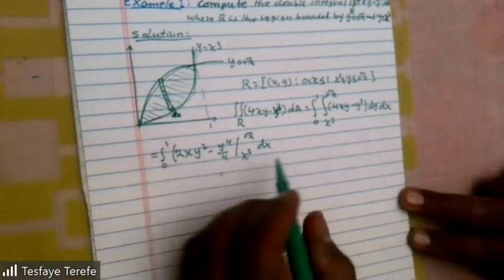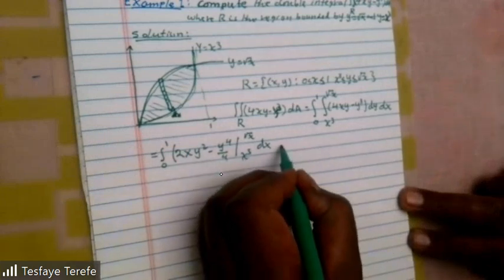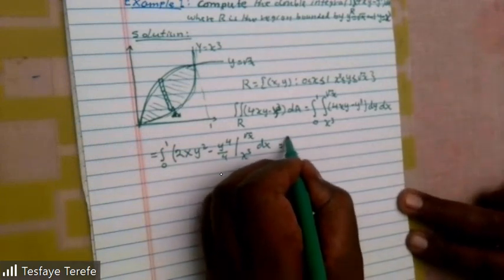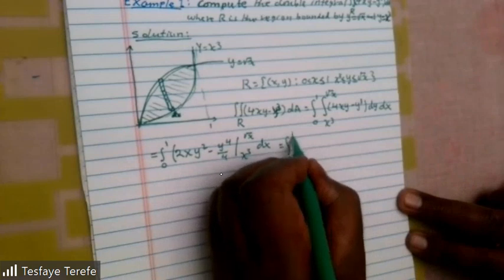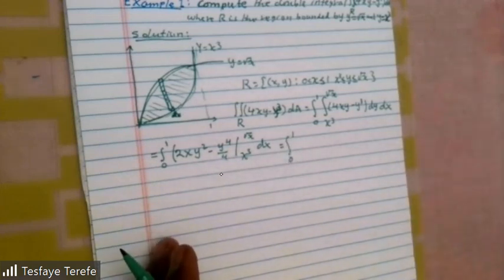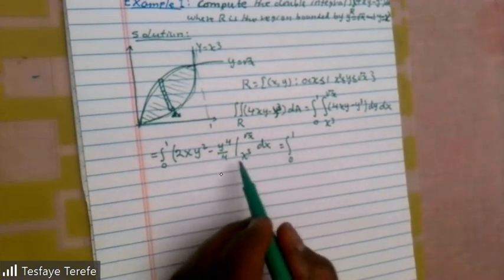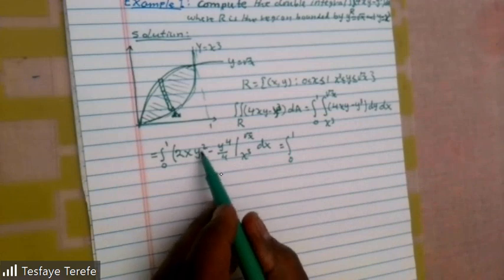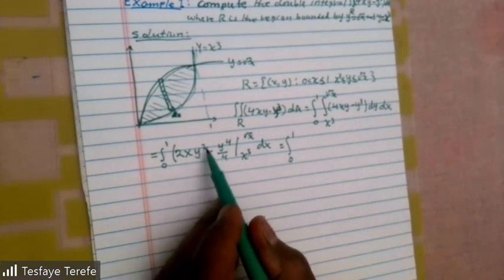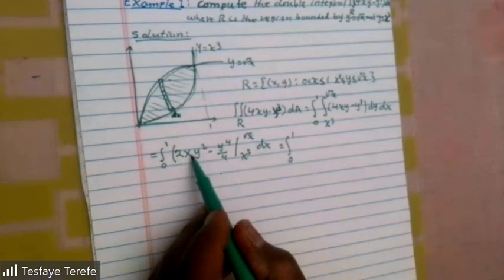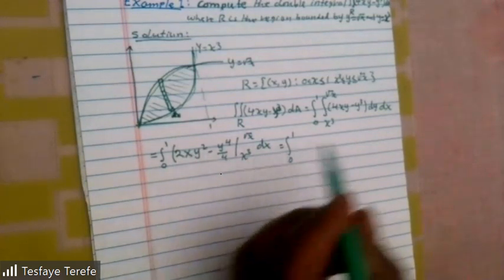When I put in the square root, I will have the integral from 0 to 1, and the square root of x squared is x, times x is x squared, so I have x squared over 2.